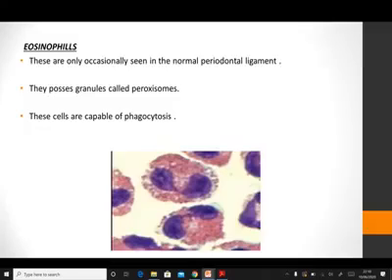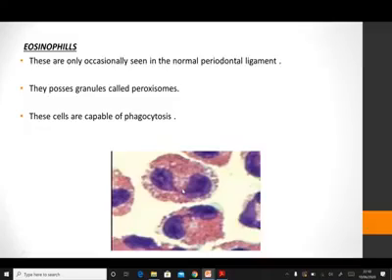These cells have a bilobed nucleus, not basically binuclear. And these cells have lots of granules within their cytoplasm. If you closely see this cytoplasm, there's lots of granules present in it. And these granules are called the peroxisomes.